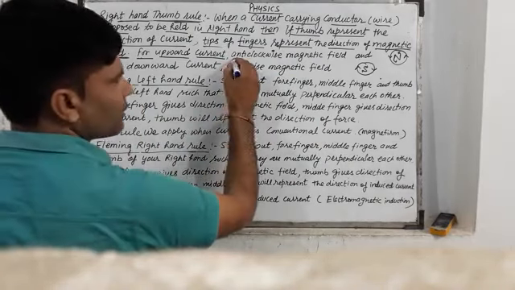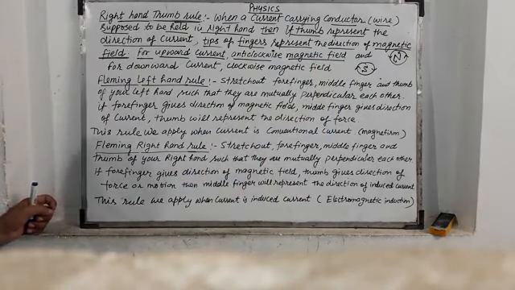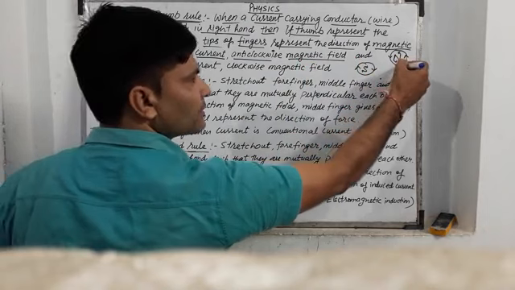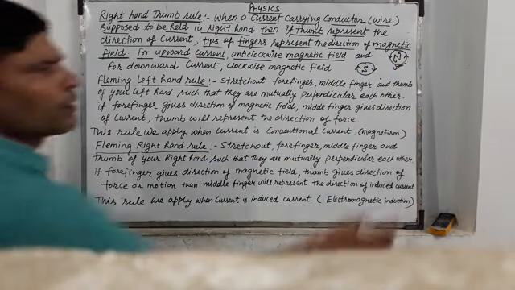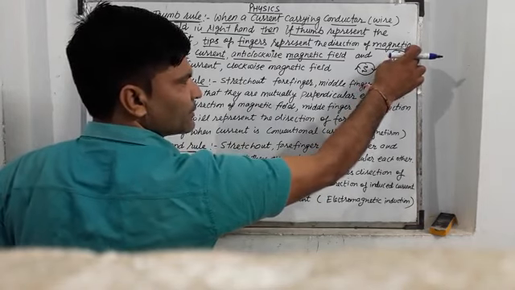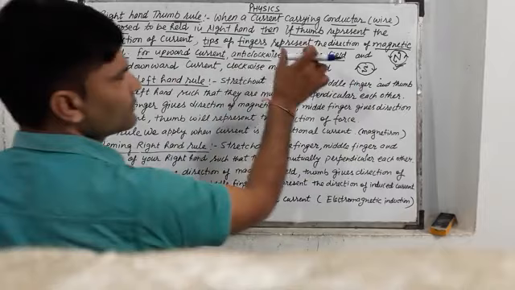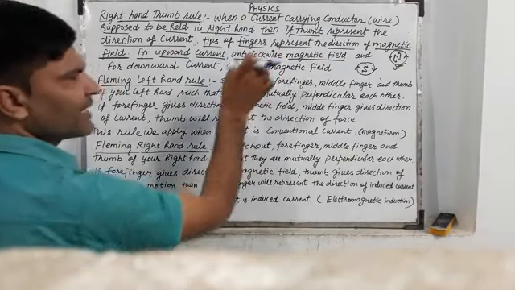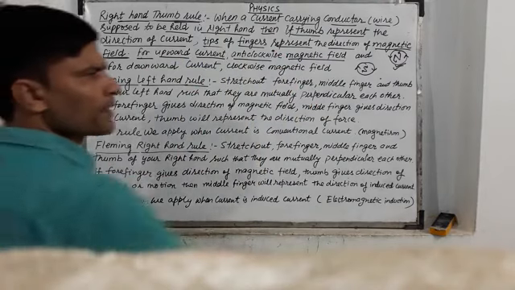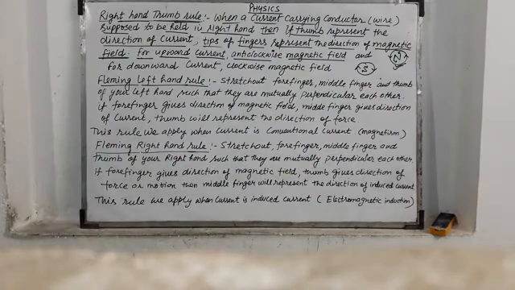So the magnetic field is anti-clockwise, and that end of the coil behaves as the north pole. Where the current is upward, the magnetic field is anti-clockwise, and that face behaves like the north pole.